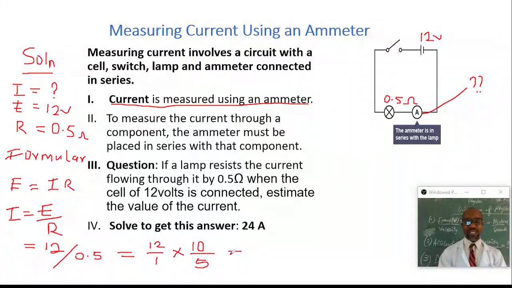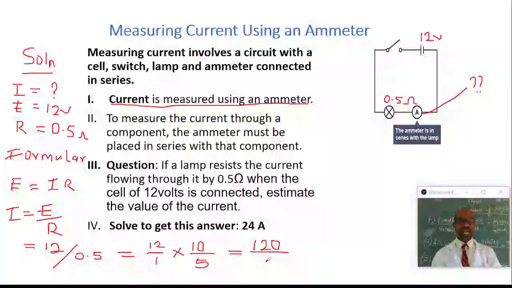Therefore, the next thing we have here is a simple multiplication, whereby we have 12 times 10. I repeat, 12 times 10 is going to give 120. Then 120 all over 5 times 1, or 1 times 5, which gives us 5.